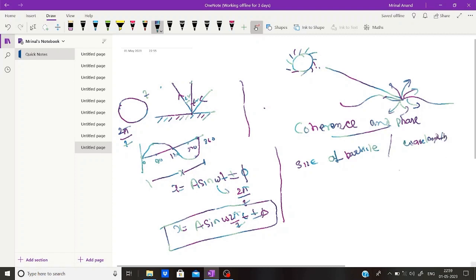Suppose we have a nanoparticle or a very minute particle here, and suppose this radiation has a very high frequency.